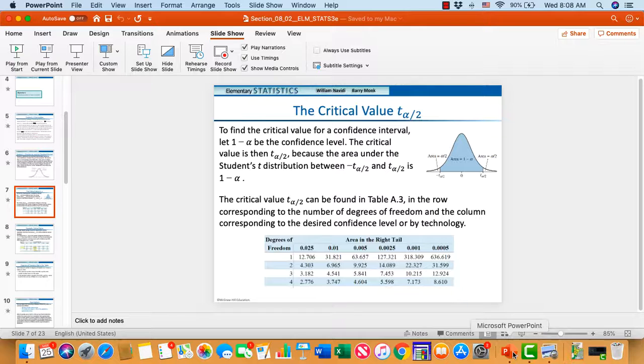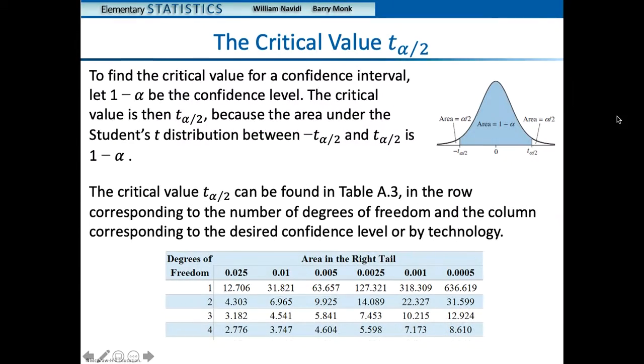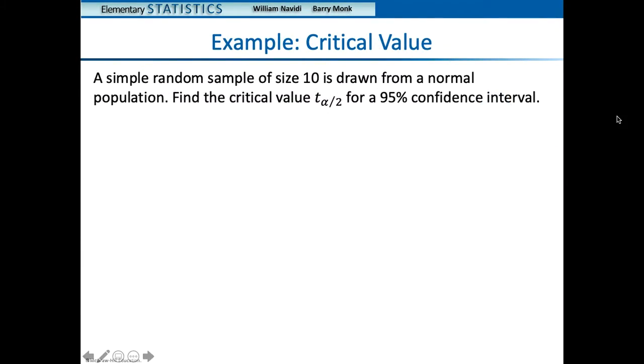Okay, let's come back over here, and let's look at an example. Let's say a simple random sample of size 10 is drawn from a normal population. We want to find the critical value t alpha over 2 for a 95% confidence interval.